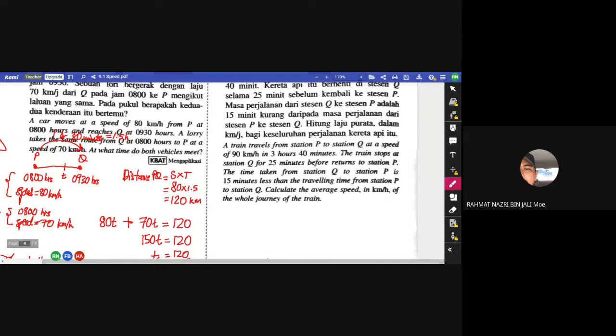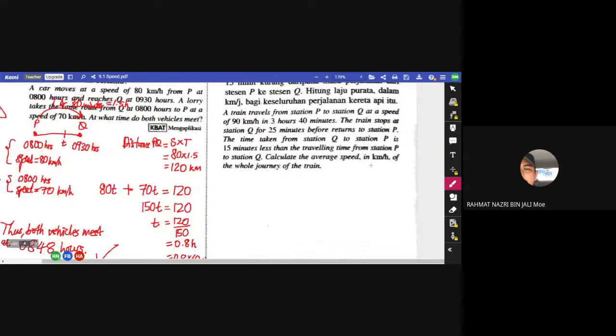Okay, let me draw the diagram. P and Q, we have two stations here.